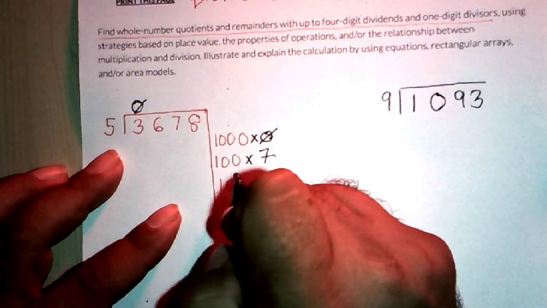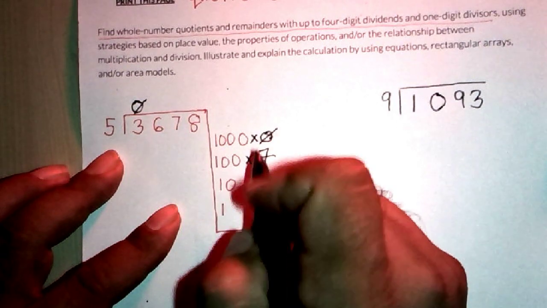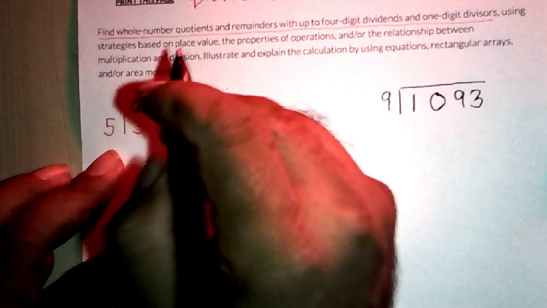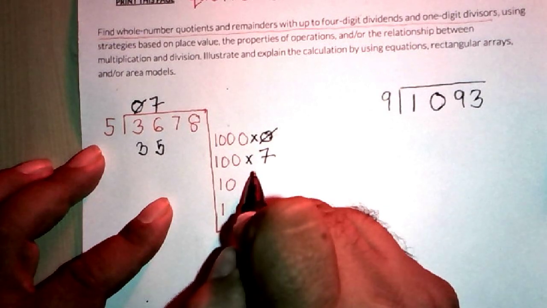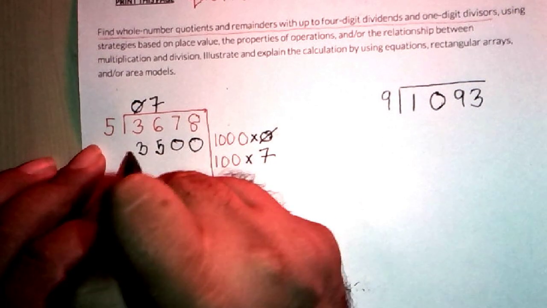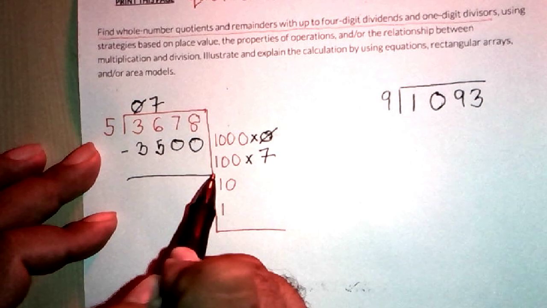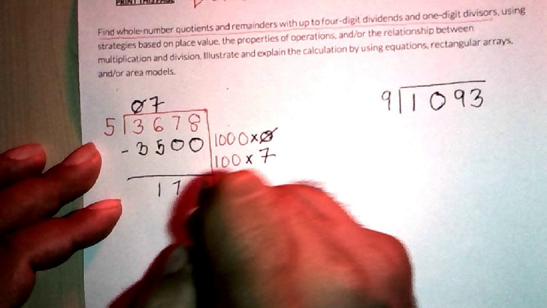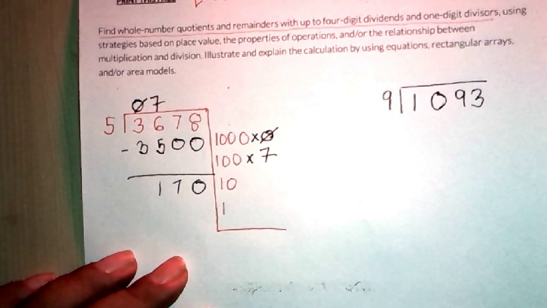So 7 times 5 is 35. You subtract. Now you're going into the tens.